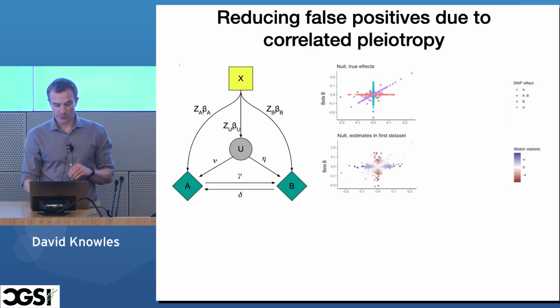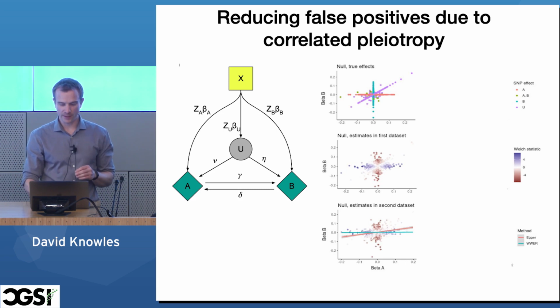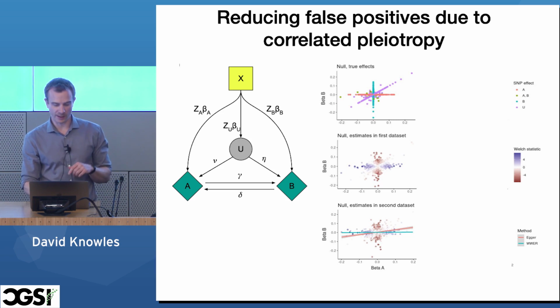What Brielin's approach does is to calculate these Welch statistics, which have higher absolute value as you move away from the diagonals. And we then re-weight every SNP in the Egger regression according to these absolute Welch statistic values. And it turns out what that does is, where Egger regression in this scenario will incorrectly conclude that there's a causal effect of A on B, our Welch-weighted Egger regression does not.